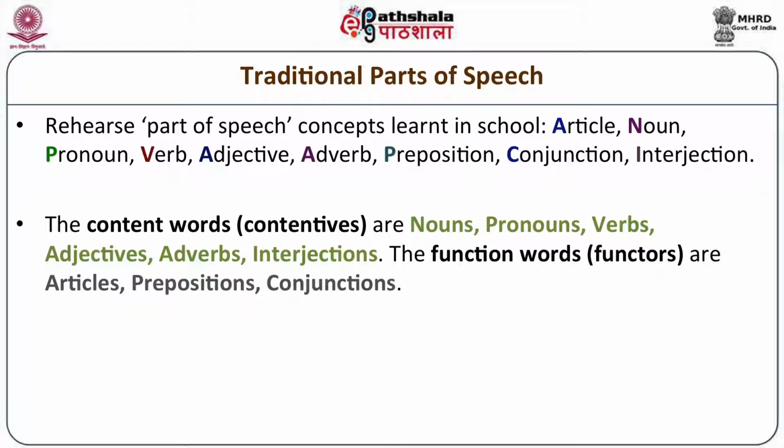Contentive means content word. The other kind, words that don't convey meaning from the external world but are about managing the household of the language, are called function words or functors. Examples of functors are the, an, be, have, and, or, because, therefore, things like that.